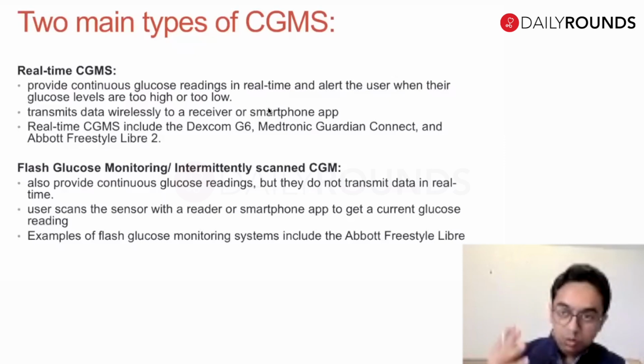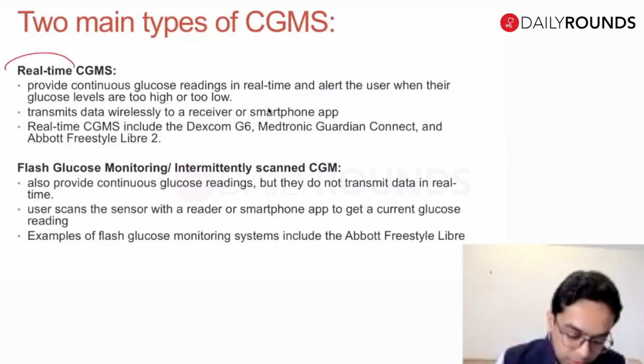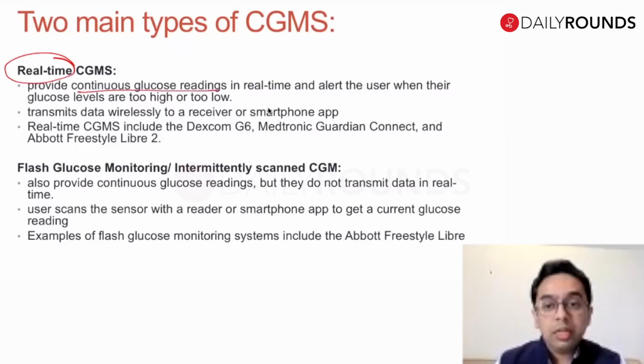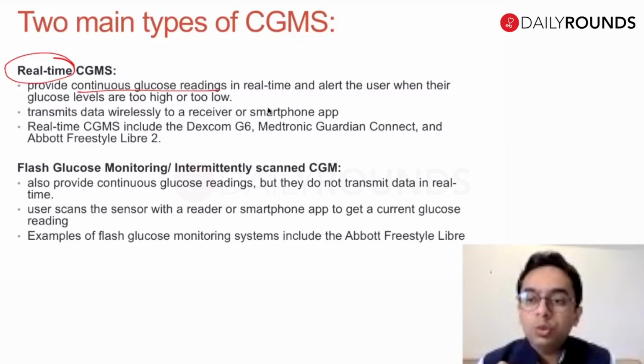Data is conveyed directly from the sensor to your mobile phone, or to whatever reader device there is, continuously. It's mainly a mobile phone. So that is real time. It provides continuous glucose readings in real time, and it will alert the patient when the sugars are going very high or very low.